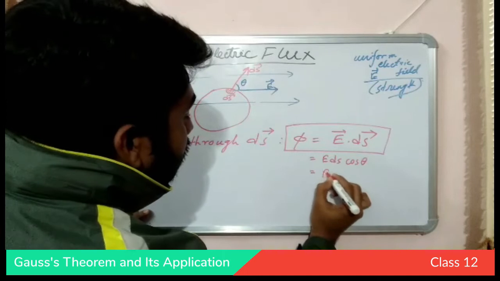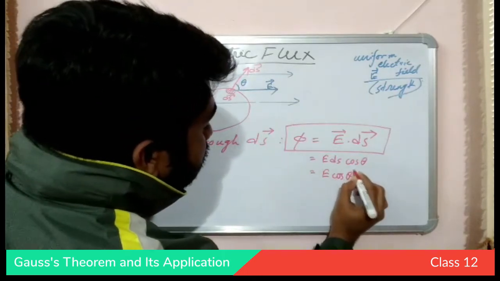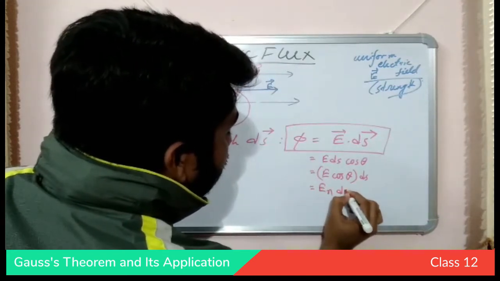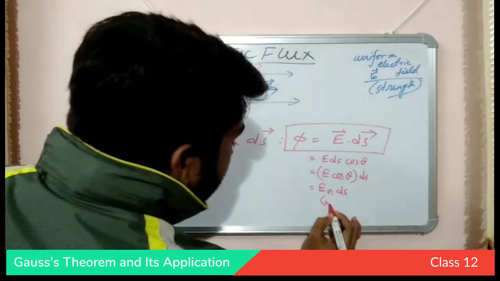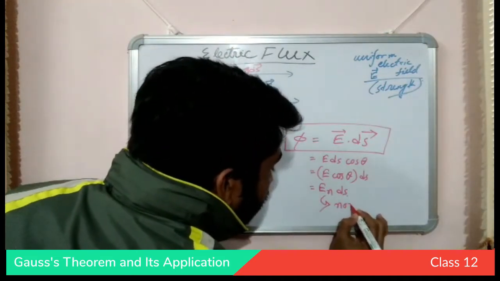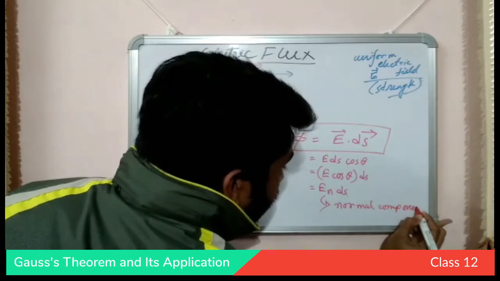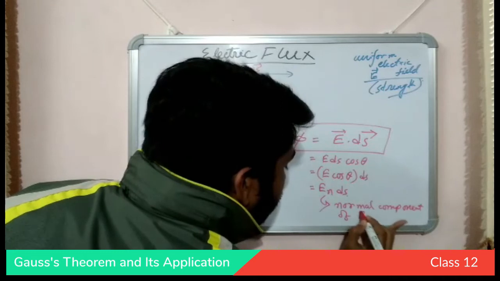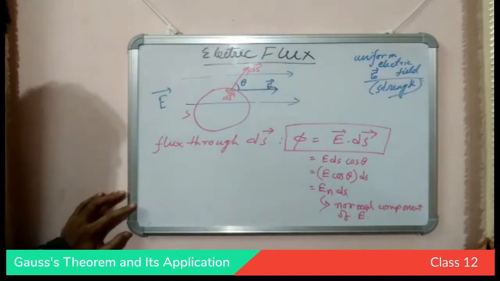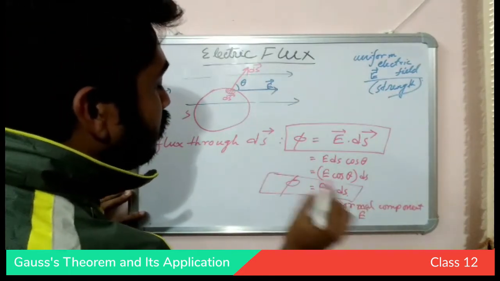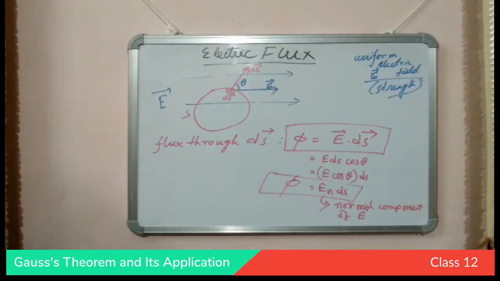This could be written as E cos theta ds, or En ds, where En is the normal component of E, the electric field. So this is our desired flux through ds. And it has a unit.